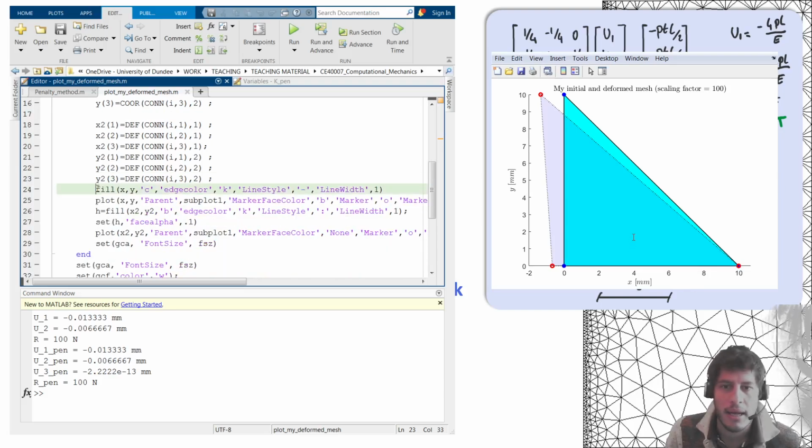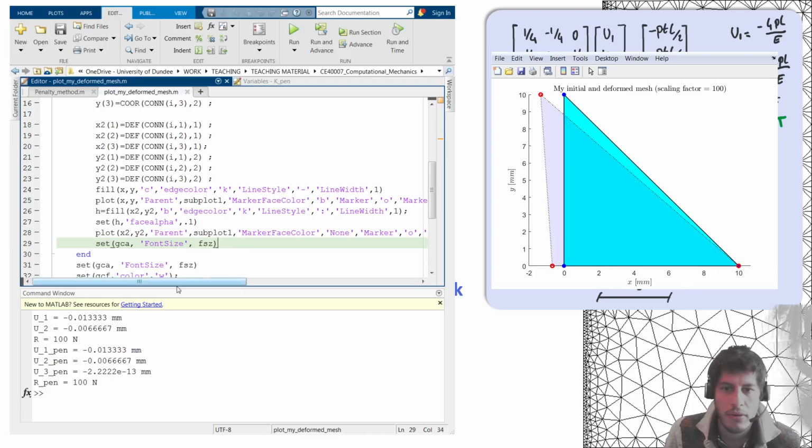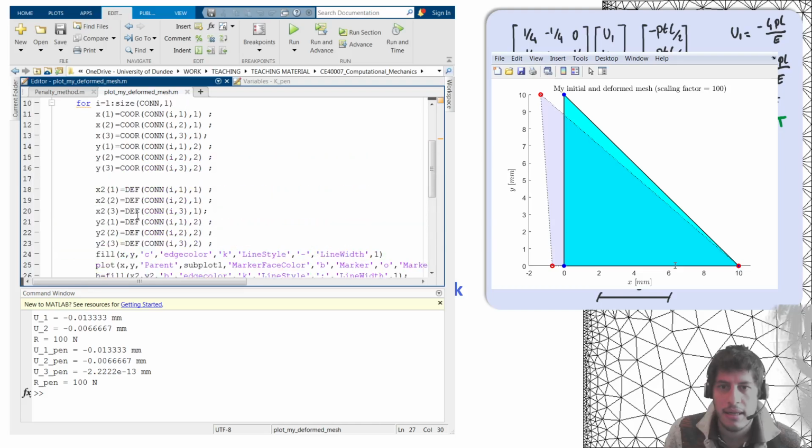Then I fill in cyan, that is this light blue color, and then I also fill in blue, but I use this alpha to have it a bit transparent, and then I plot also the nodes of the deformed mesh, and so that's it.